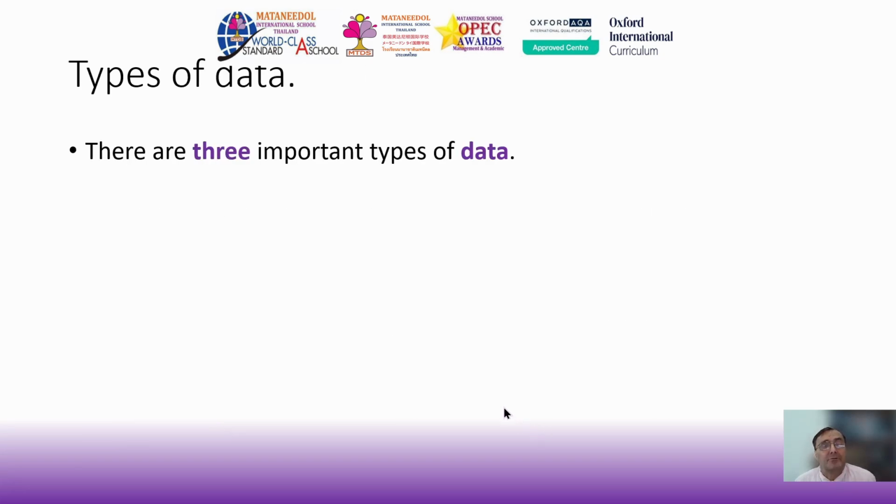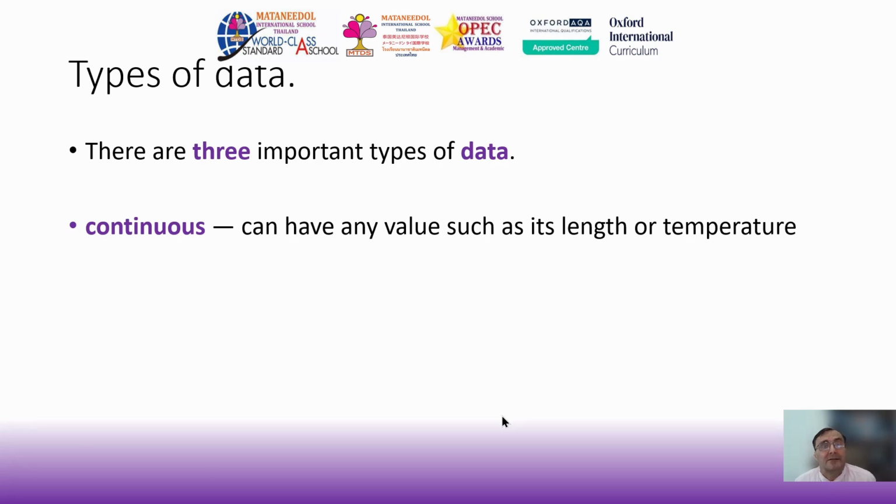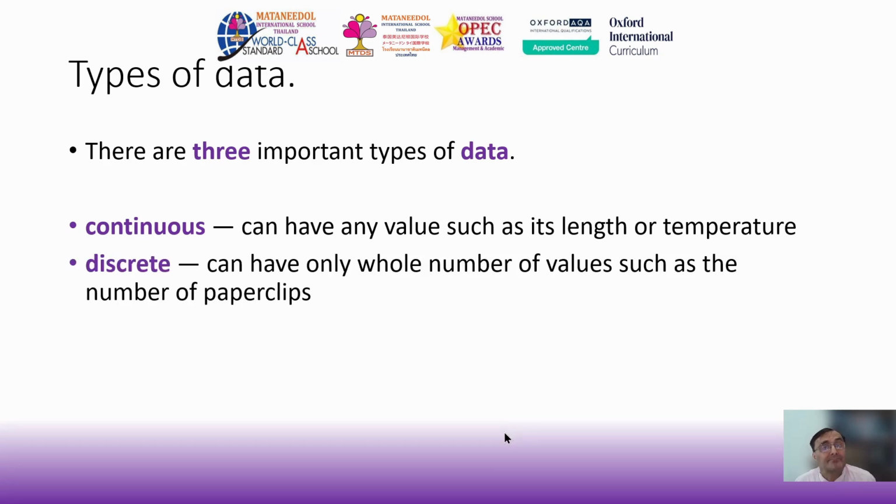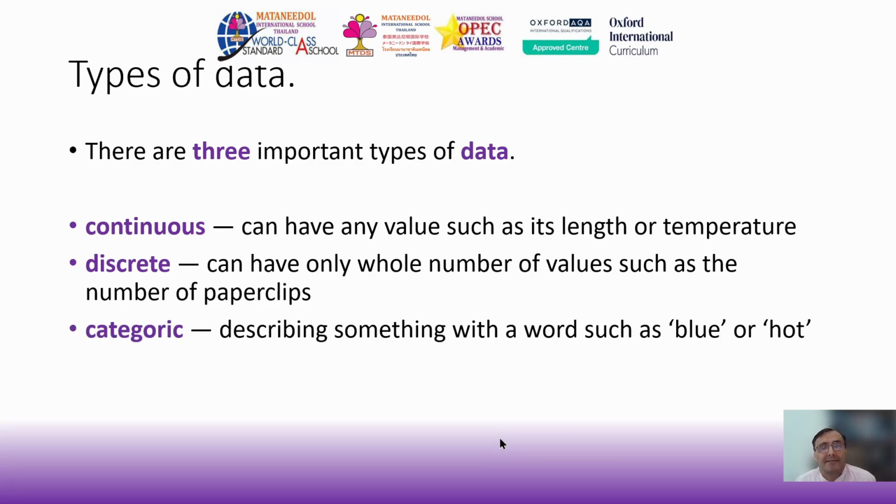So there are three important types of data. Continuous data can have any value such as length or temperature, including decimal points. Discrete data can only have a whole number, 1, 2, 3, 4, 5. And categoric, describing something with a word such as blue or hot.